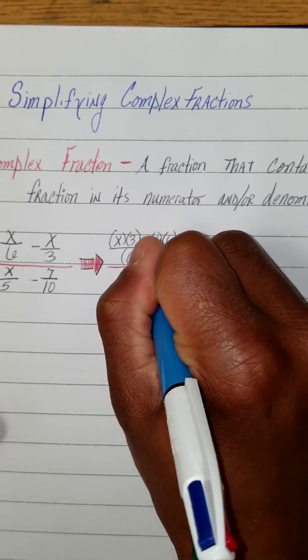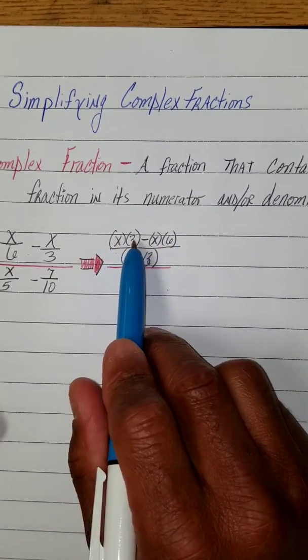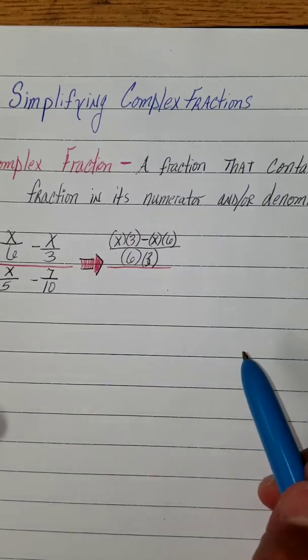What I'm trying to show you guys is that I am multiplying opposite numerator times opposite denominator every time, all over the product of the denominators themselves.